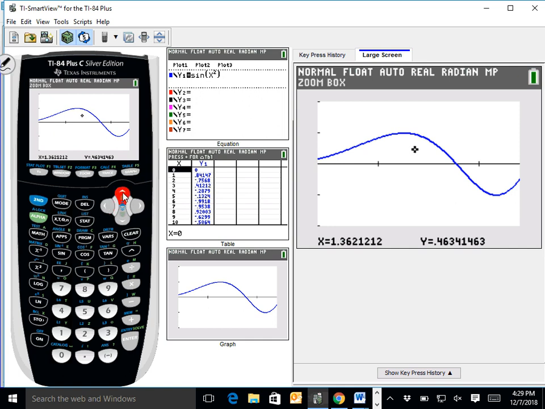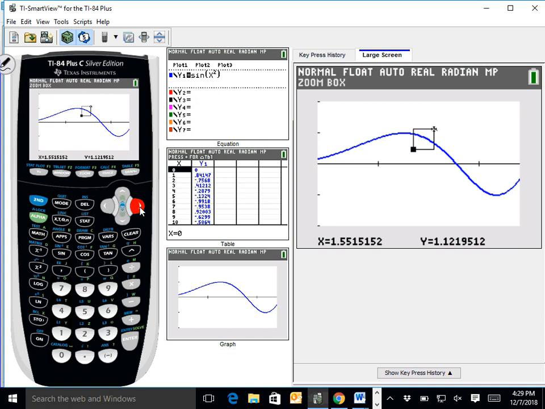When I'm ready to make the box, I hit enter. And now I'm going to arrow up, and then arrow over. What I'm going to do is make my whole screen what's in the box that I created here.